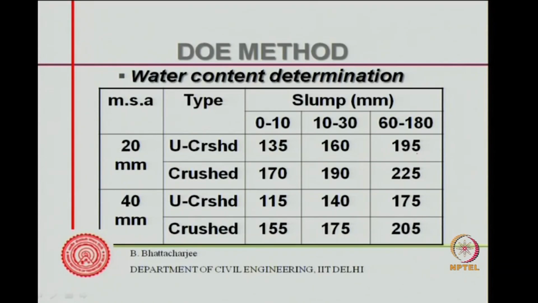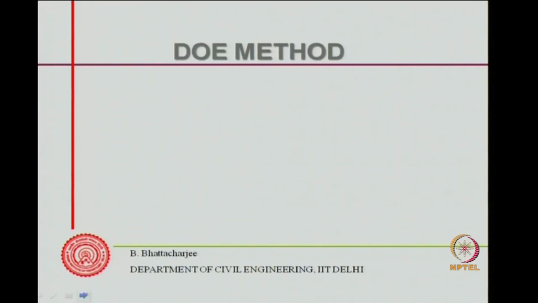If you go through that example, here we would have used 195 kg for uncrushed aggregate, that is rounded aggregate, but if it is crushed, then this would be more, right. For 40 mm, this is less, and so on and so forth. So one can find out the water content from this table, no correction required.